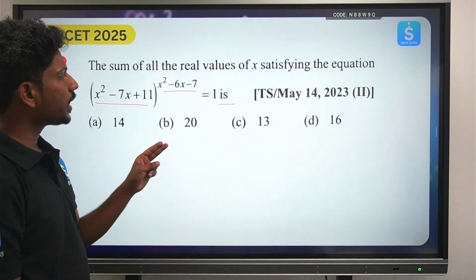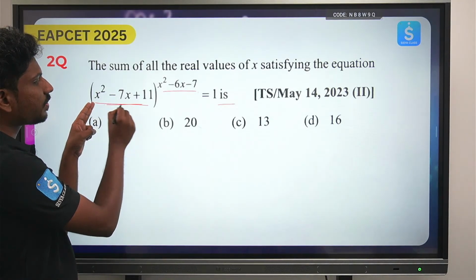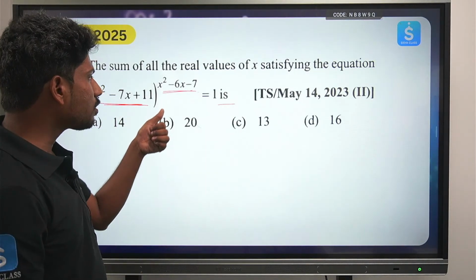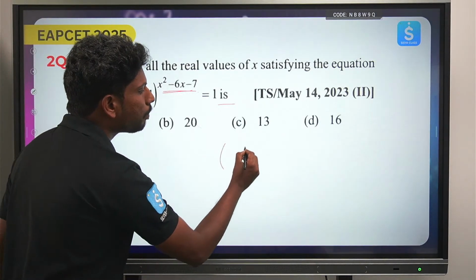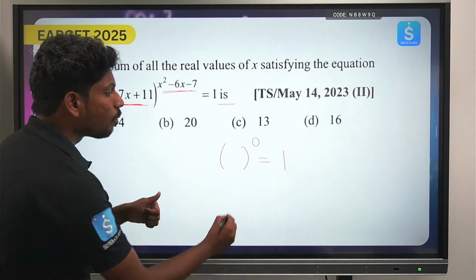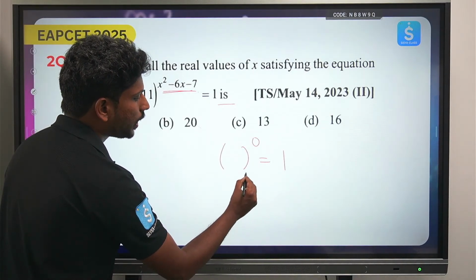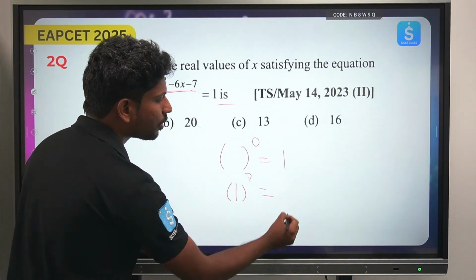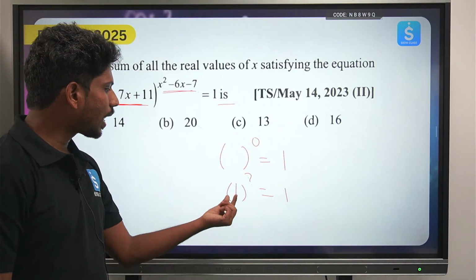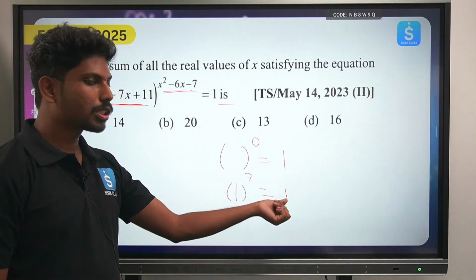Here, there are two things: this equation, and one expression which is in the power. Any number to the power 0 is always equal to 1, so that is one case, and 1 to the power any number is also equal to 1.